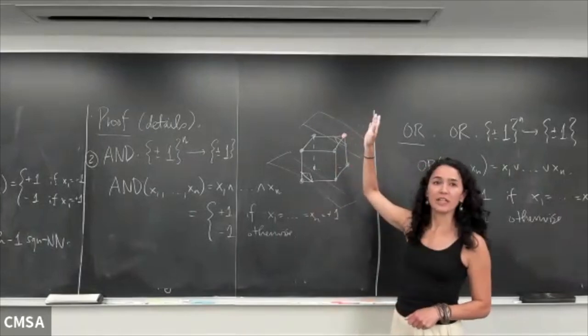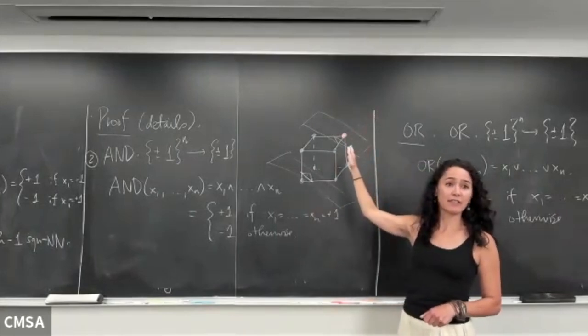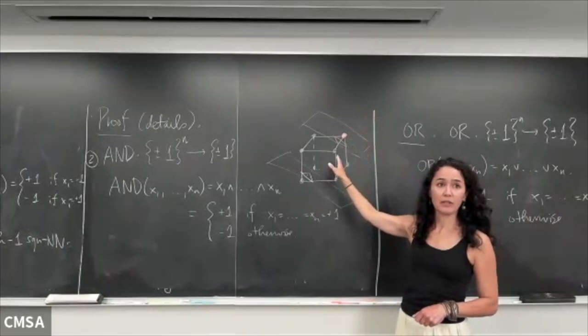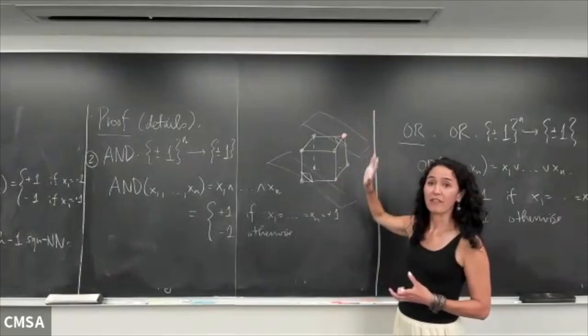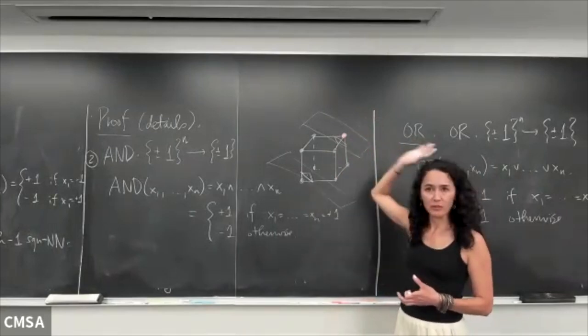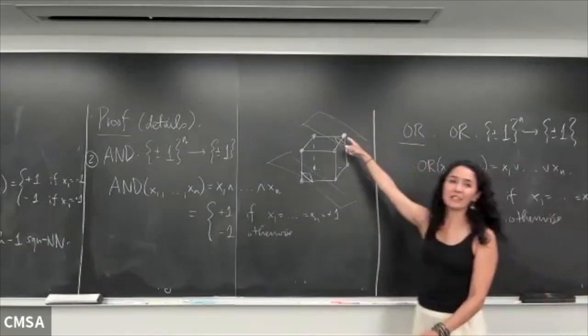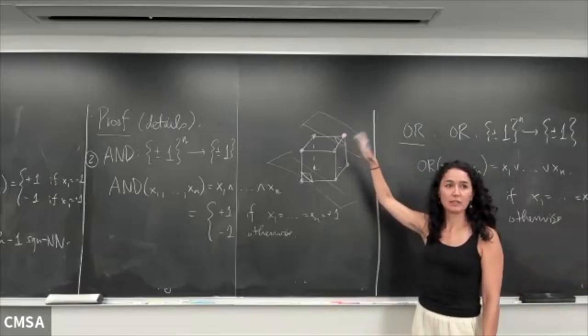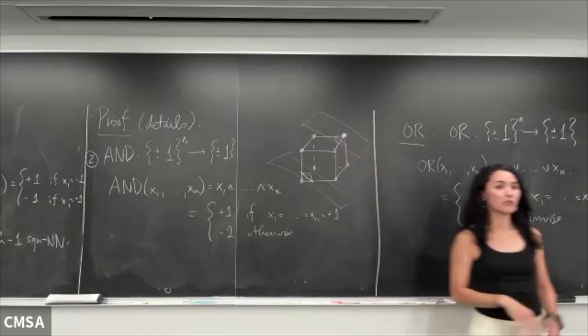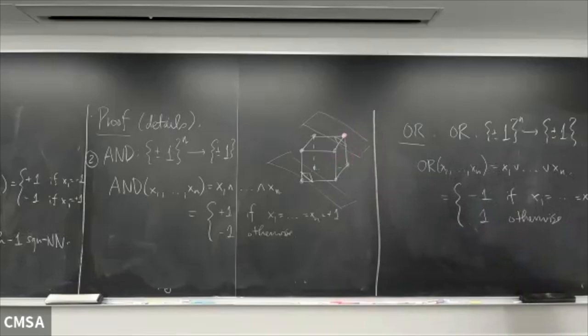But what's clear is that if you have any face of the Hamming cube, and it's +1 on that face, then you can do it with a linear cut. So this is the case where it's a 0 face and you're just cutting off that 0 face, but any lower dimensional face can also do it. Maybe I won't write that down because it's not going to be important for what I'm saying.